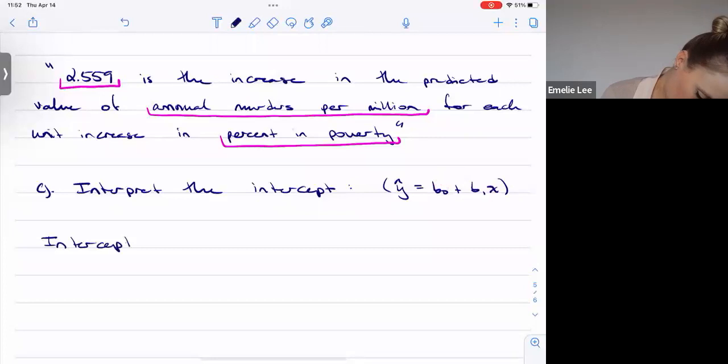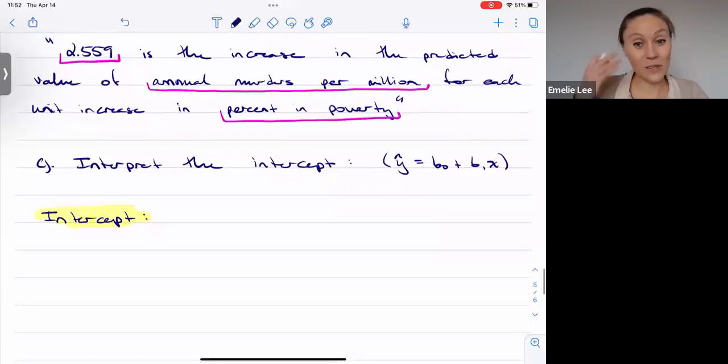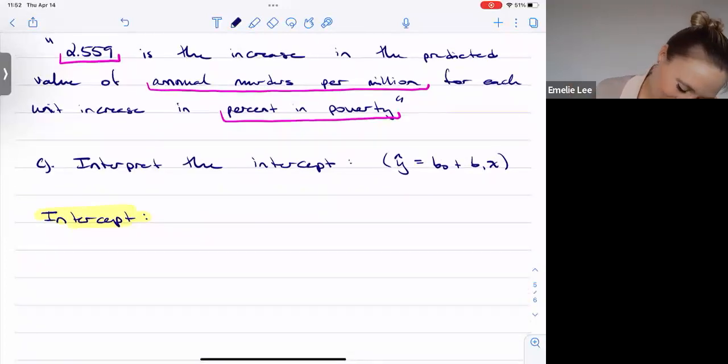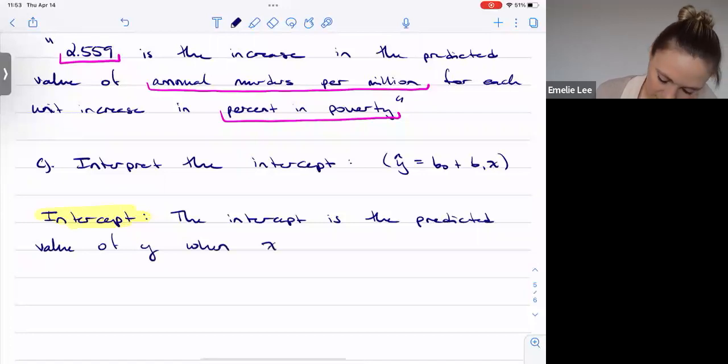Intercept. The intercept is the predicted value of y, and this is the one I started saying earlier. The intercept is the predicted value of y when x is 0.